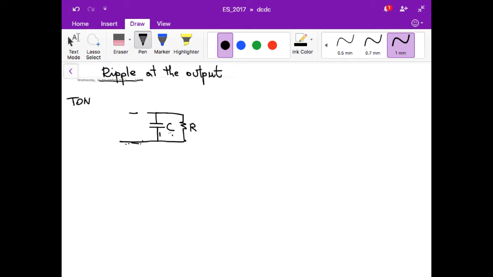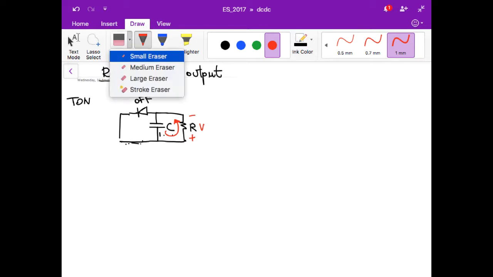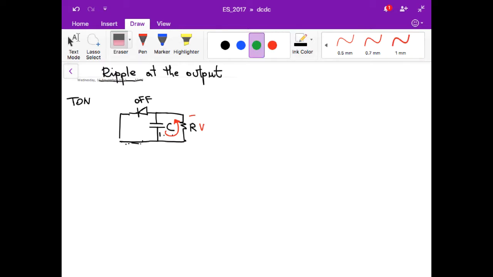And so this is the situation. We have a capacitor and the load. The diode is off, and therefore the capacitor provides current through the load. This is VO, I took a different sign. So VO is negative, and the capacitor provides current to the load.